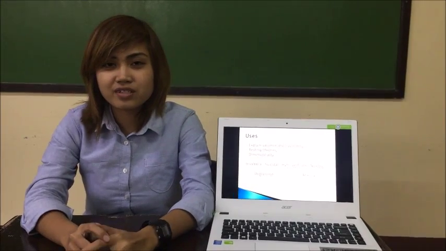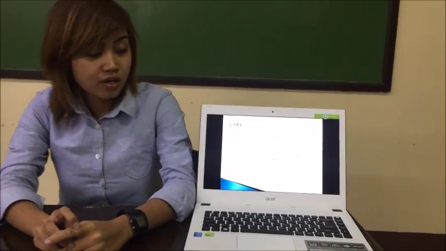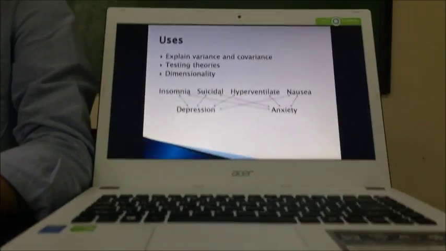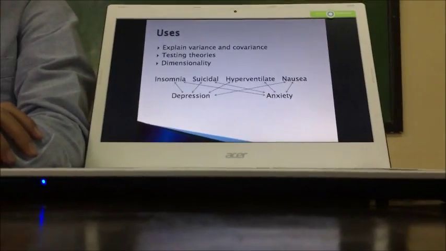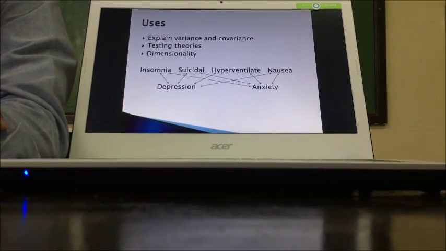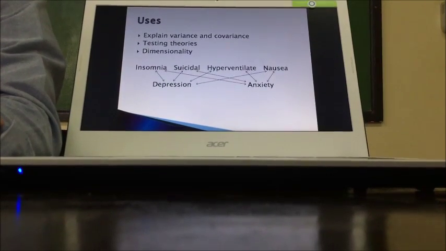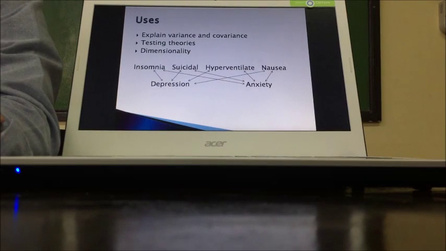So today I am going to discuss the uses of factor analysis in our life. The first use of factor analysis is to explain the variance and covariance. As you can see, there are 4 characteristics in this slide, which are insomnia, suicidal, hyperventilate, and nausea. And under that, there are 2 unobserved characteristics, depression and anxiety.